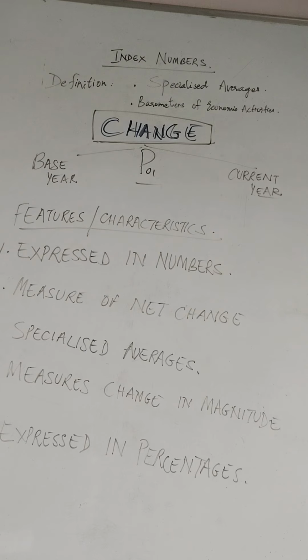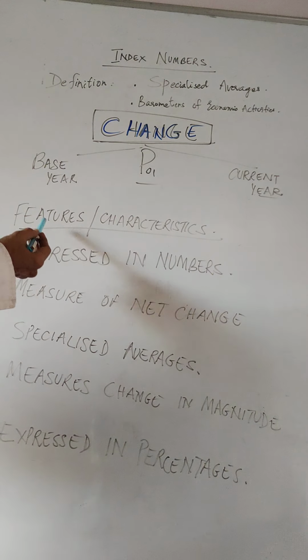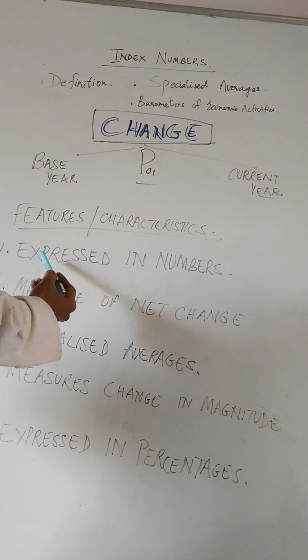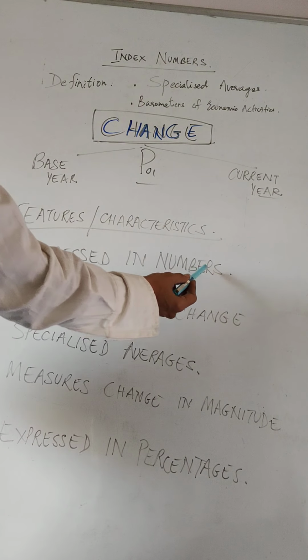But right now, let's talk about what the characteristics of index numbers are. You can get a question: what are the features or the characteristics of index numbers? So they're always expressed in numbers.